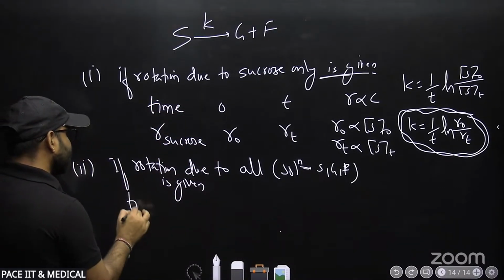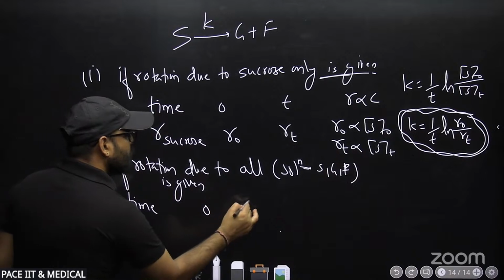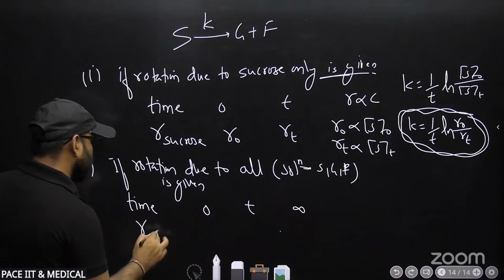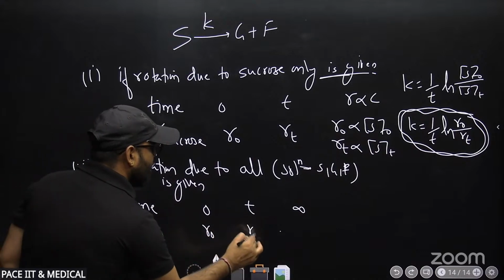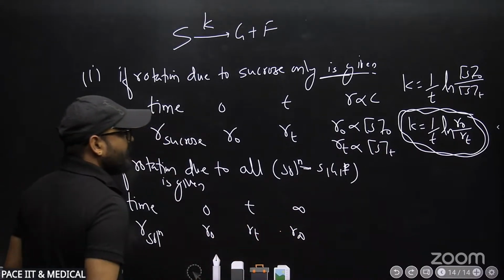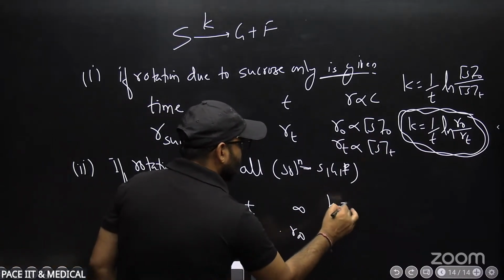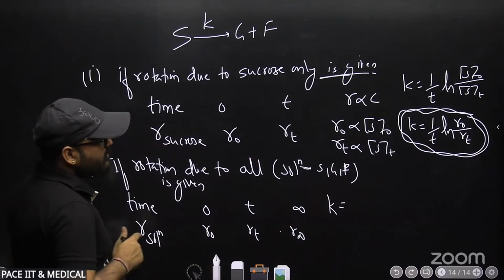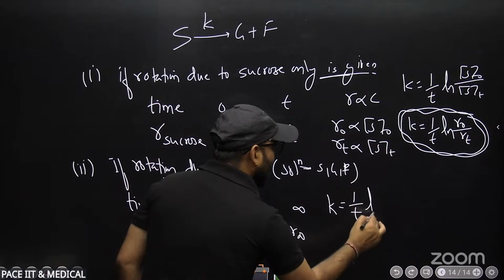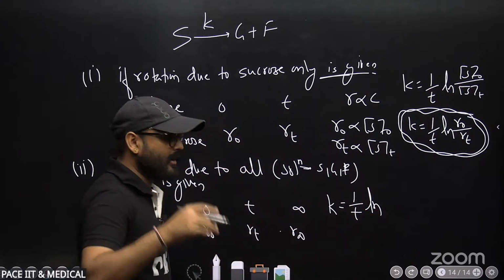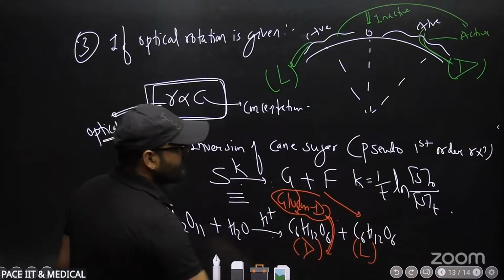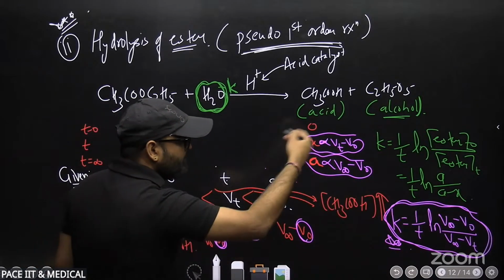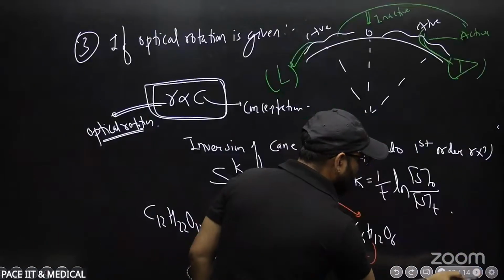So at time 0, t and infinite, the rotation due to the solution is R naught, Rt and R infinite. Here we get the formula. I'm writing it directly because the derivation is kind of big. So 1/t ln directly, it is similar to the hydrolysis of ester formula. Just in place of V, put R. Same formula. It's easy to remember.